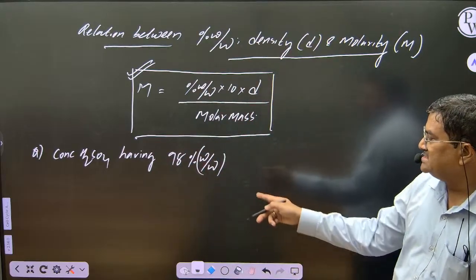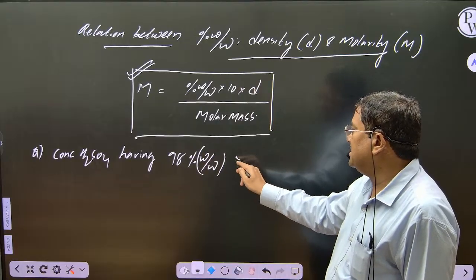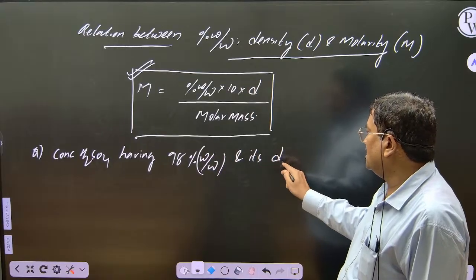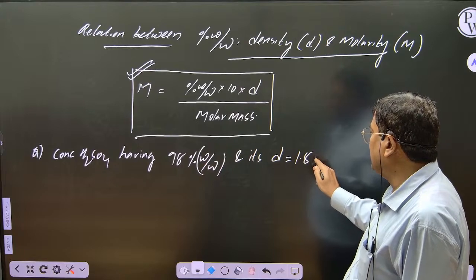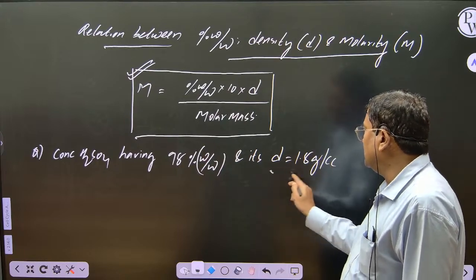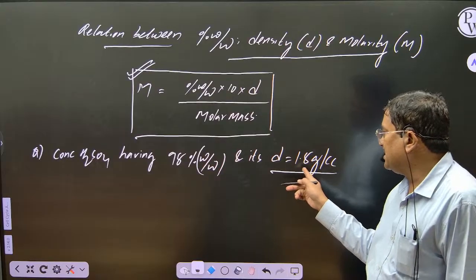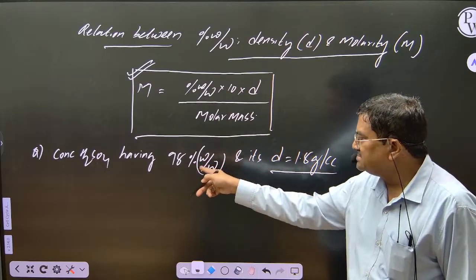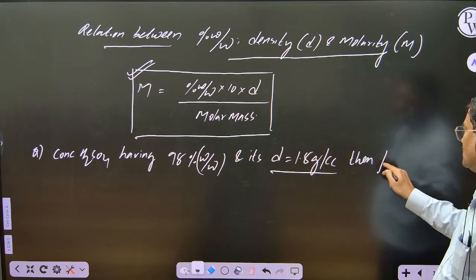Concentrated sulfuric acid, 98% W by W, and its density is given as 1.8 gram per cc. What is cc? Cubic centimeter. The density of this sulfuric acid is 1.8 and mass percentage given is 98. Then find its molarity.